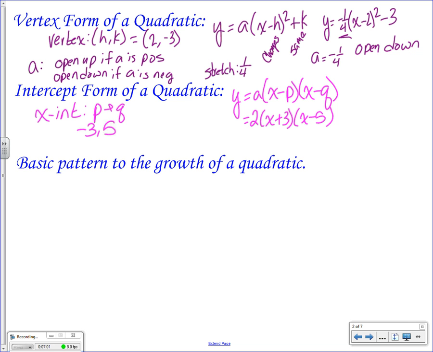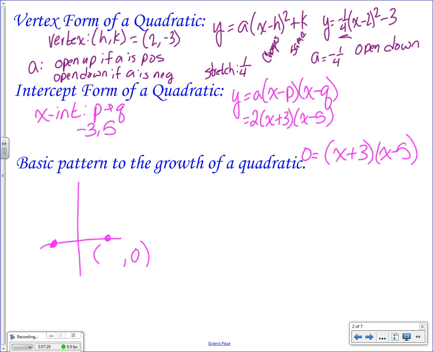So if I have (x plus 3)(x minus 5), and that equals 0. My x-intercepts are where, if I'm graphing it, what's the y value of this point? 0, right? So y equals 0. So I'm going to set y equal to 0 and solve for x.